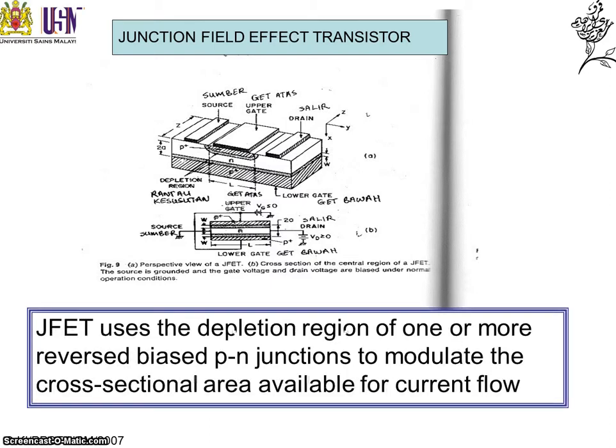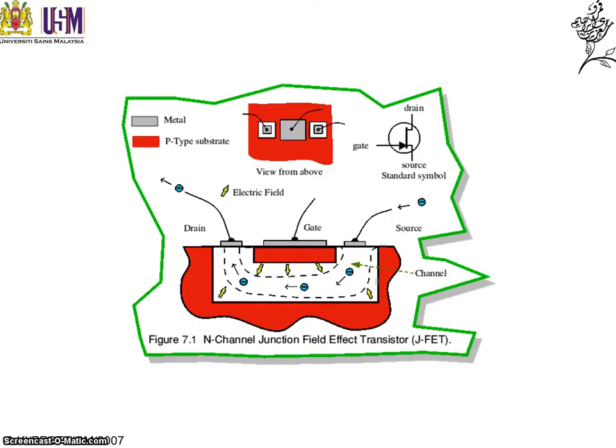I've already mentioned this. In a JFET, the voltage variable depletion region width of a junction is used to control the cross-sectional area of the conducting channel, which is around here. This is the conducting channel. The current flows through the n-type channel between the two p plus regions, or the rich p regions.